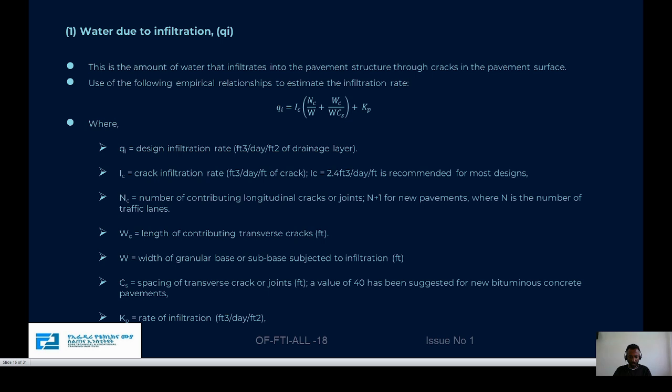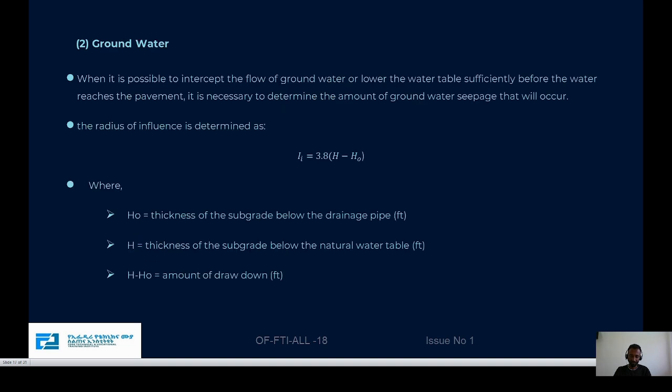The width of contributing transverse cracking in feet over the width of the granular base times the spacing of transverse cracking is also very important, plus the rate of infiltration.